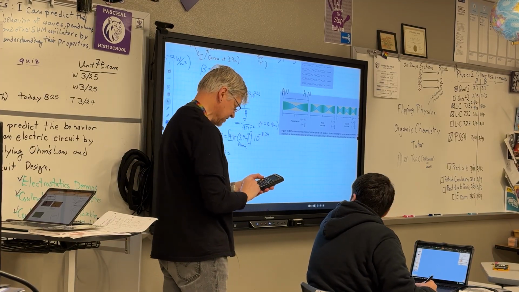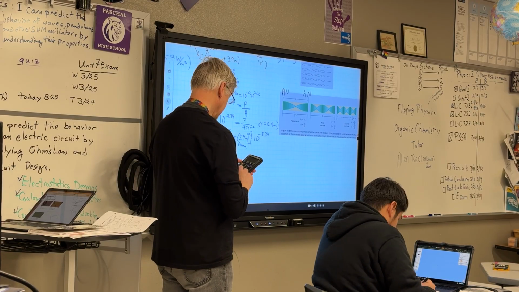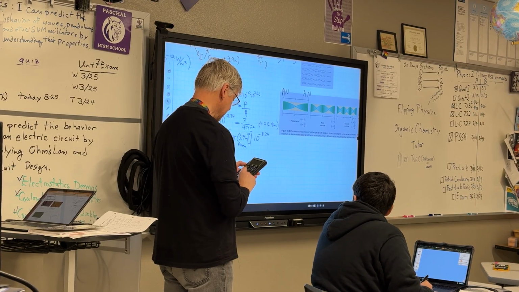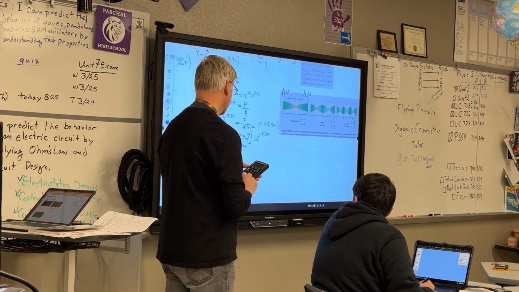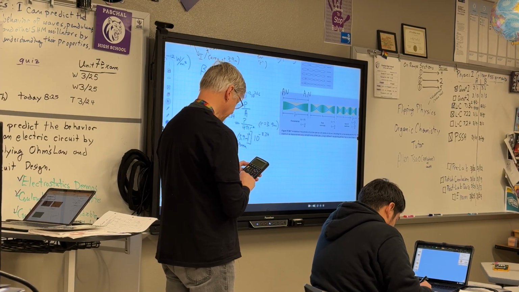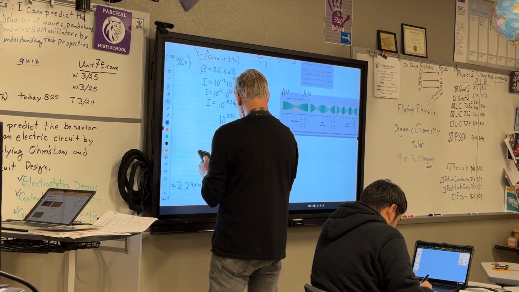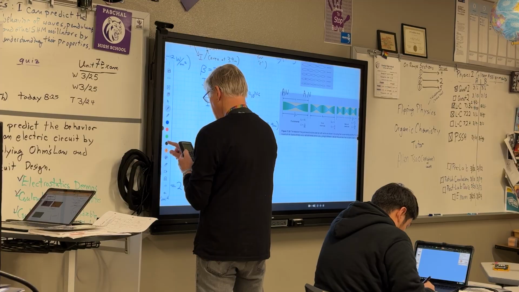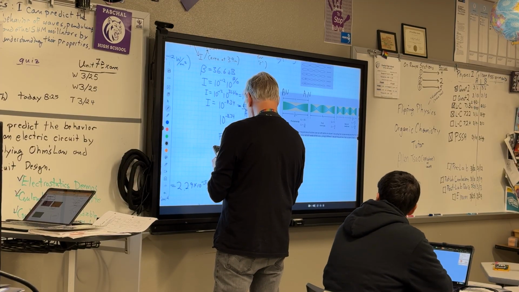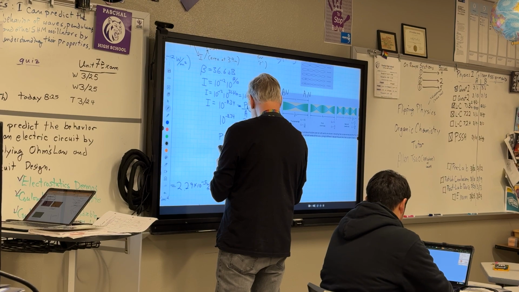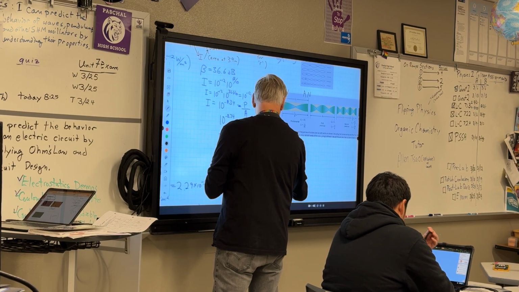That's a lot of numbers. 4 pi times 3.9 squared times 10 raised to the negative 8.34 power. And this is going to be the power, 8.737 times 10 to the negative 7 watts.